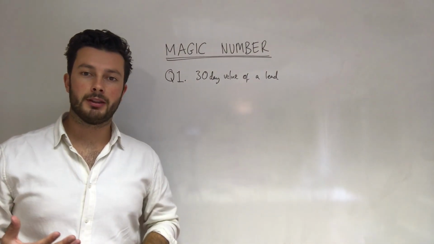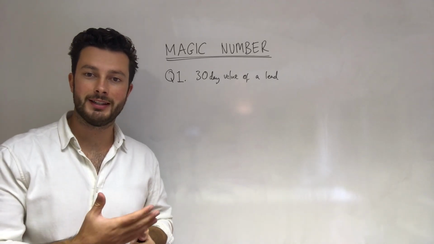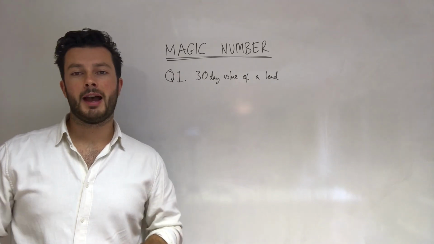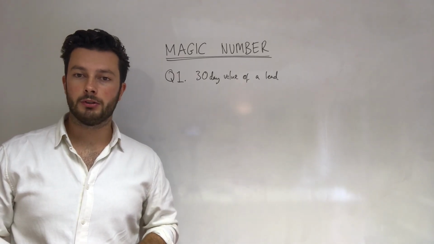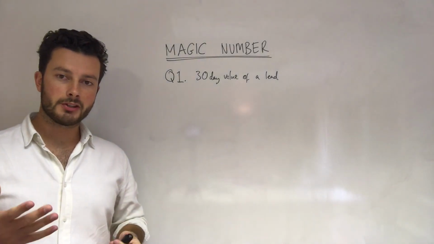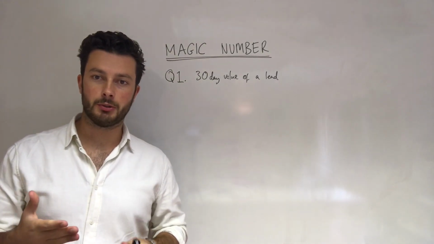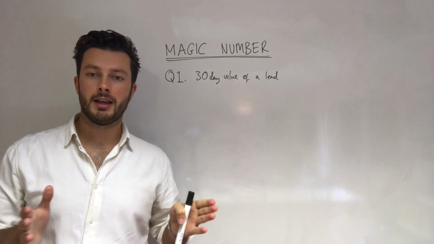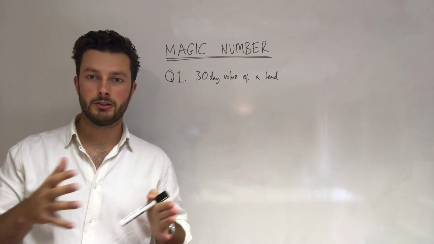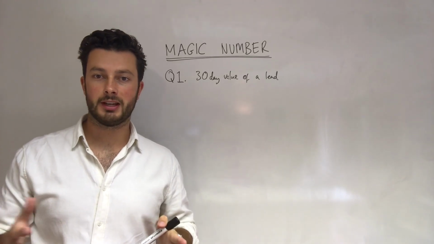What I mean by this is how much is a lead worth to you in a 30-day window. The way that you can easily work this out is understanding how many leads you got in the last 30 days and then how much revenue those leads generated in that 30-day period.